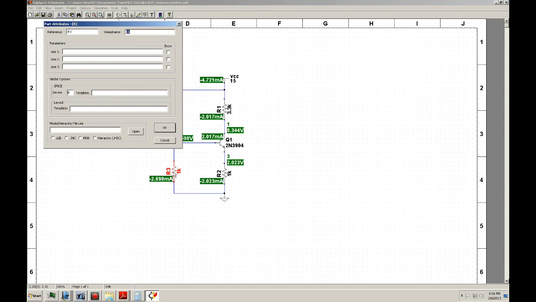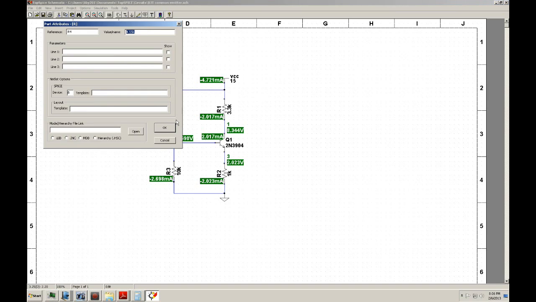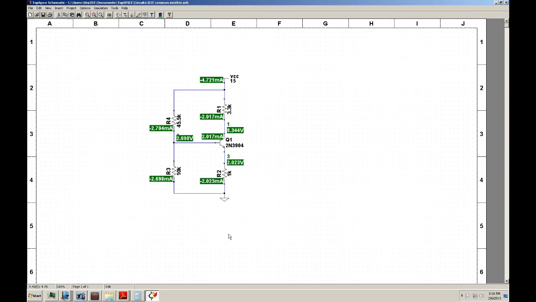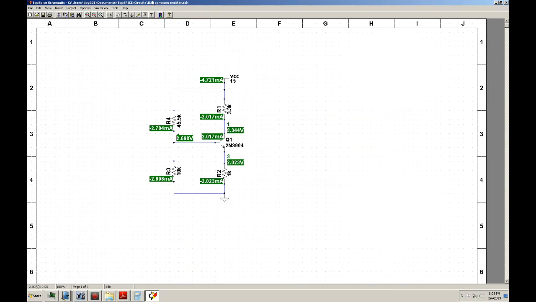Okay. Now remember, we first said this could be like this, but then we're not gonna have 2.6. We're gonna have, because of the impedance, 2.49. Yes, that's correct.